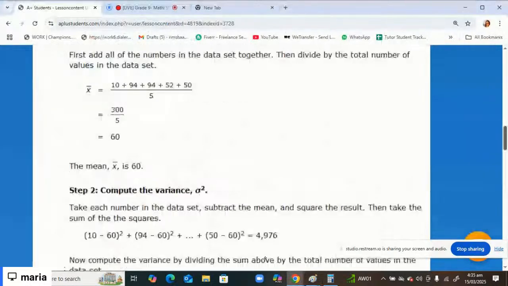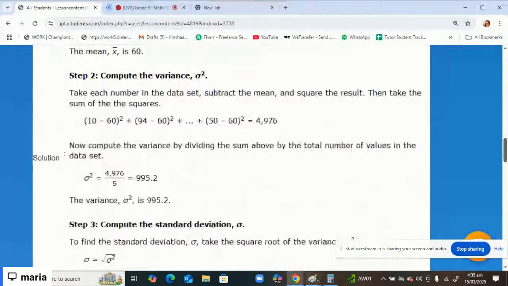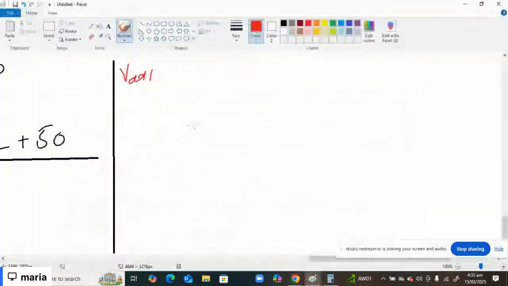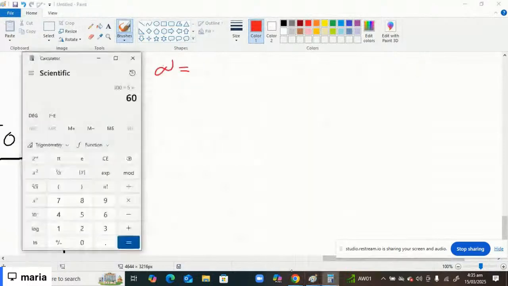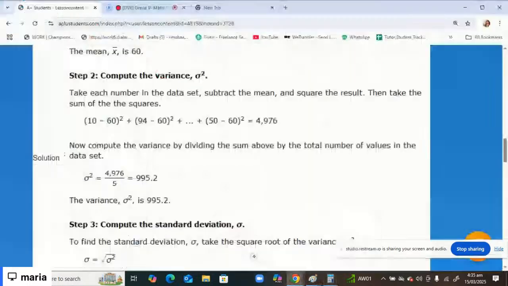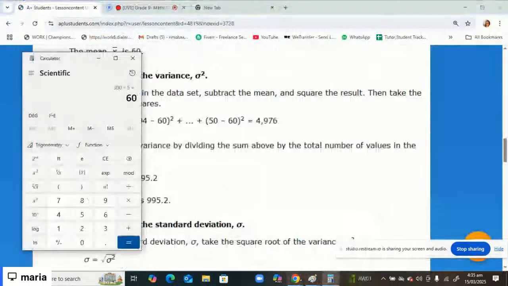This is the right answer. Now the variance, this is sigma. Okay, now for the variance, what we do is subtract each value from the mean, take the square, and then write it out. Okay, I'm sorry.